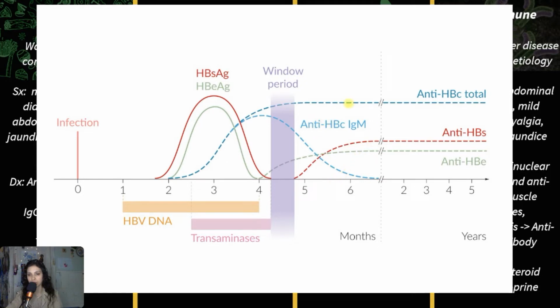At this period, you can find just anti-HBc immunoglobulin M. So C is core, S is surface.